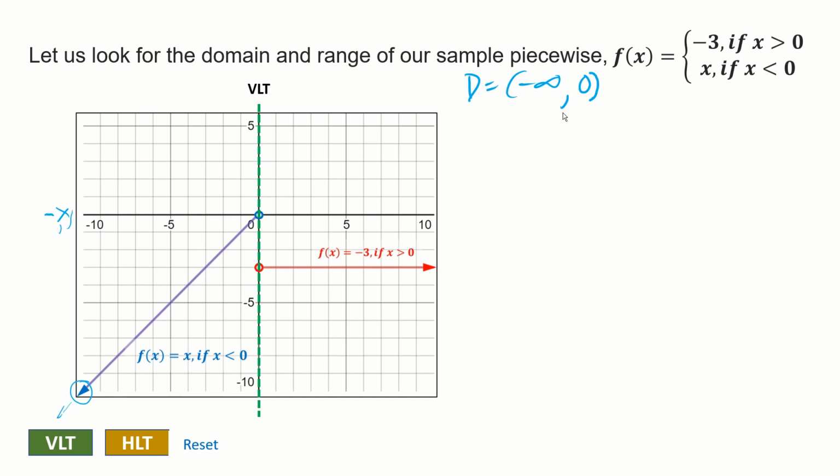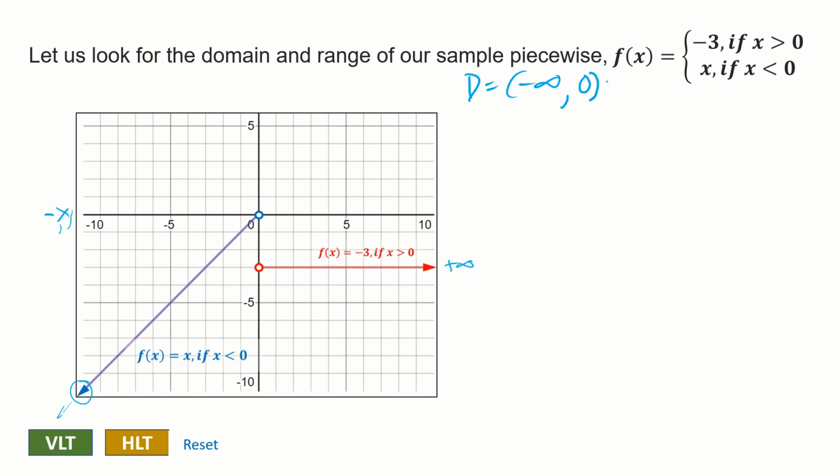So if we continue our vertical line test, you can see there are no other discontinuities. We don't see any holes or any gaps in our graph. And then our second graph, the graph of our second subfunction, is progressing towards the positive infinity of our x-axis.